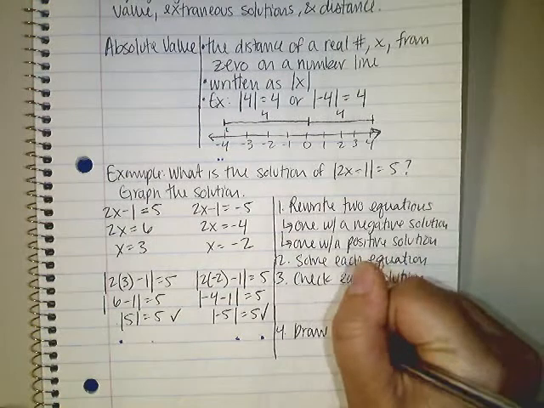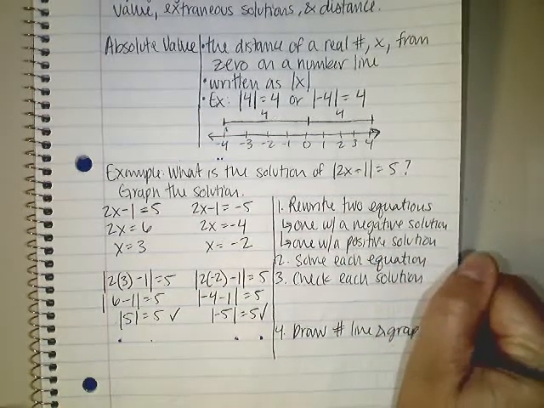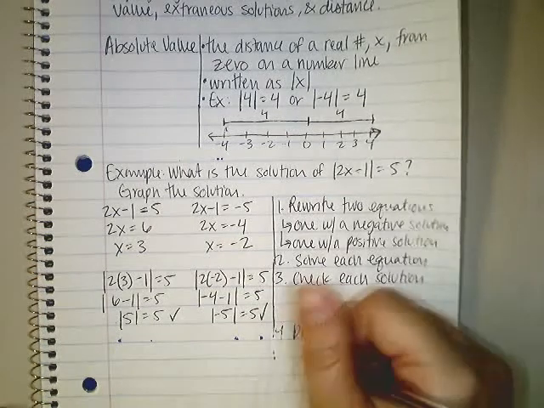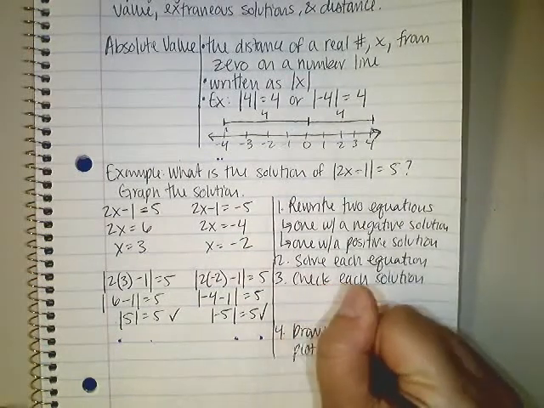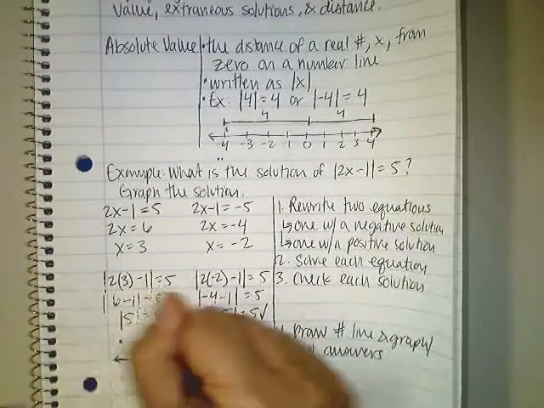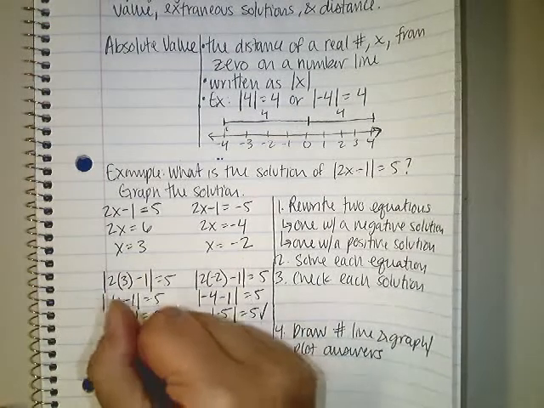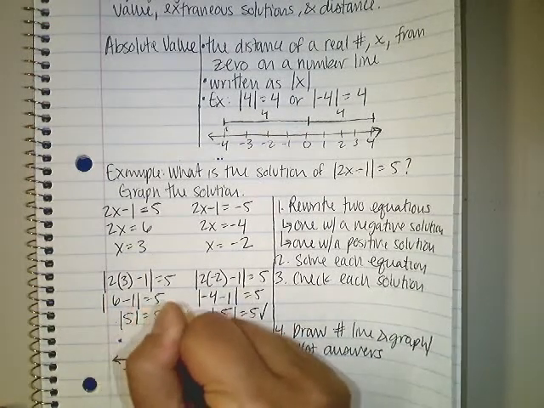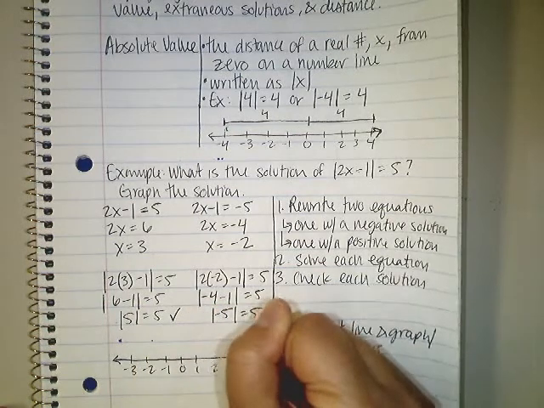That's what I'm going to do. I'm going to draw my number line and graph, or plot, the solutions. In this case, I need to go from -2 to 3. So I'm going to do -3, -2, -1, 0, 1, 2, 3, 4.